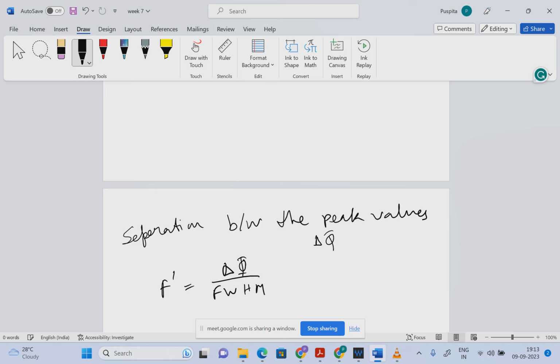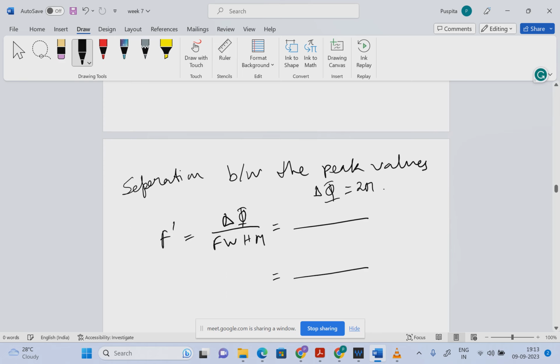Delta phi you have seen is 2 pi. At 2 pi interval, the peaks occur.